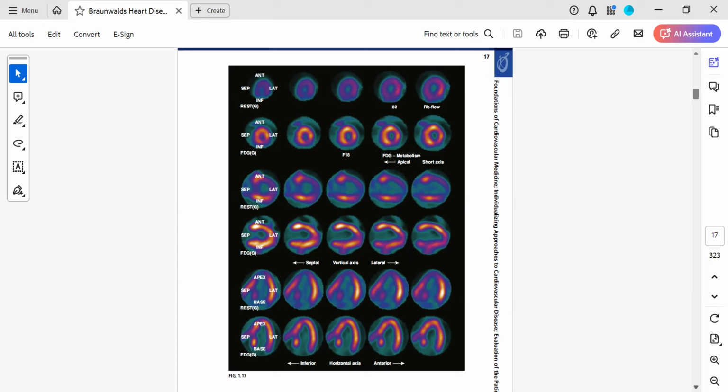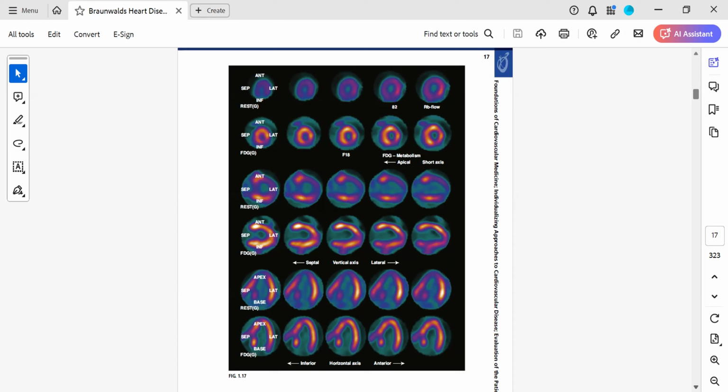The same with the metabolic tracer: you expect a uniform uptake when the myocardium is viable, both at rest and during stress.